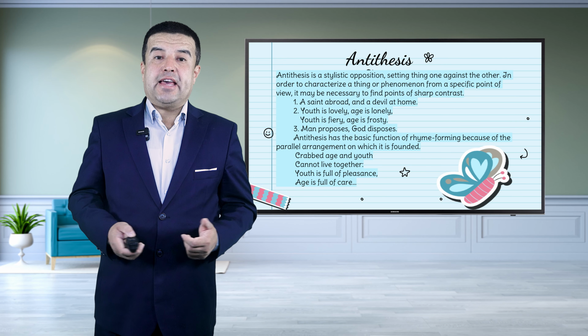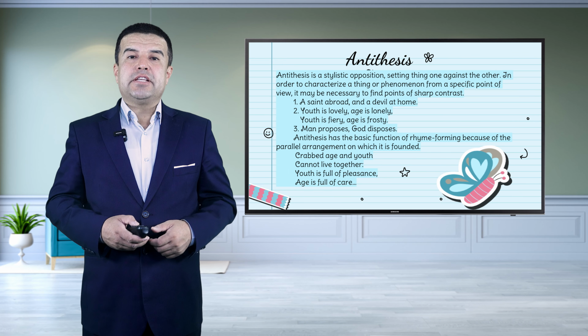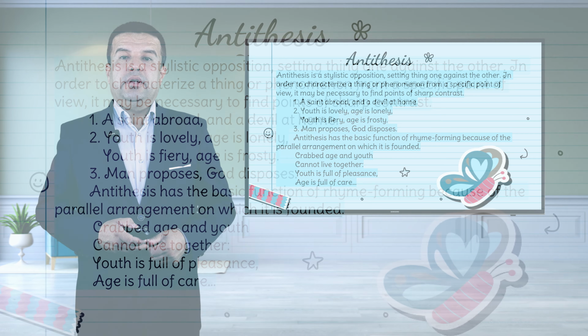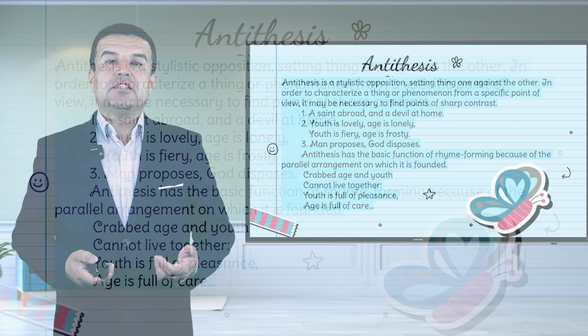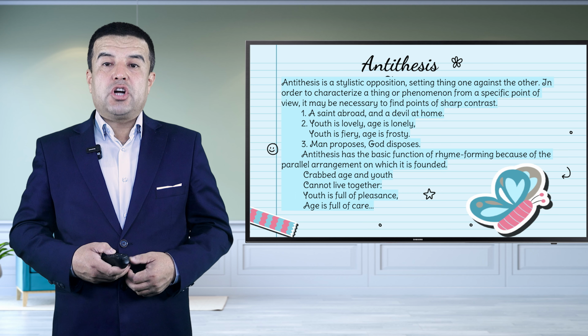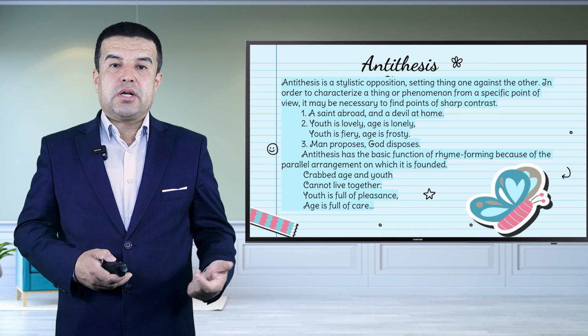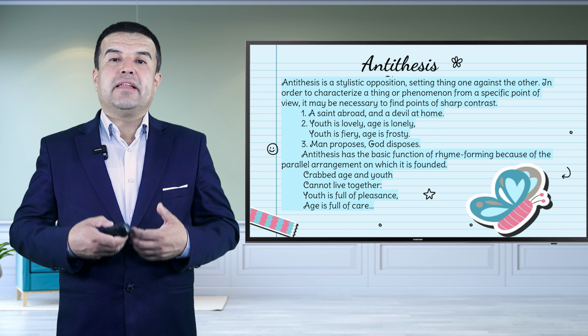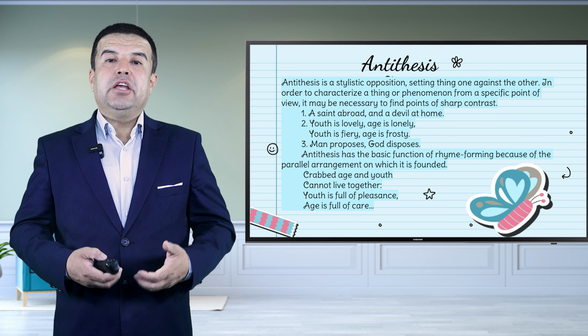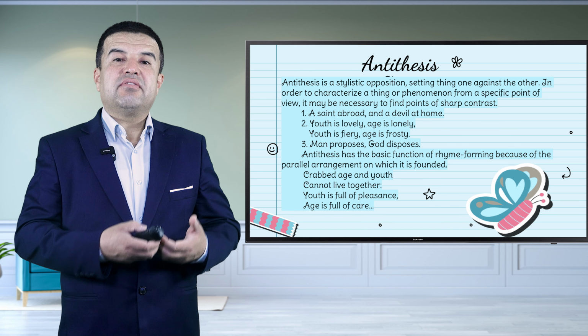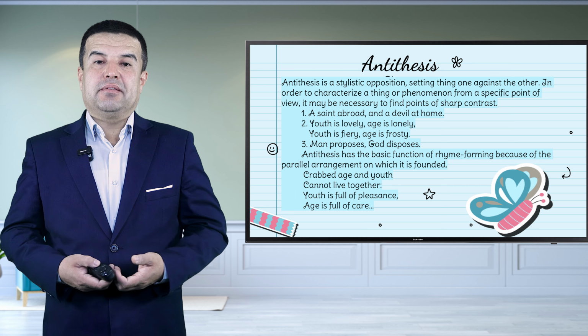This one is antithesis. Antithesis is a stylistic opposition, setting one thing against the other. In order to characterize these phenomena from a specific point of view, it may be necessary to find points of sharp contrast. For example, a saint abroad, a devil at home. Youth is lovely, age is lonely. Youth is fairy, age is frosty.